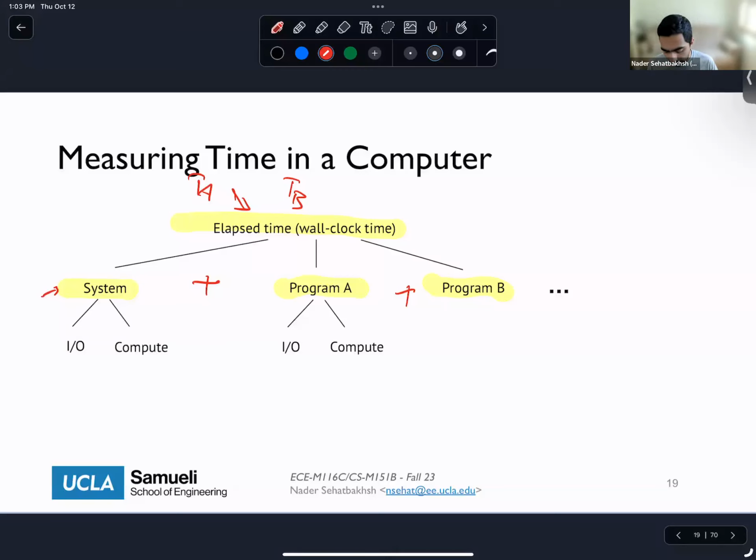Then other programs are also running, and there might be context switches and all those things. And even within the program, there is IO activity and there is computing activity. So there is time that you are running instructions, and there is time that you're waiting for input and output, to read something from the memory or from the pins or from the output, and so on. So there are different things that we are really measuring.